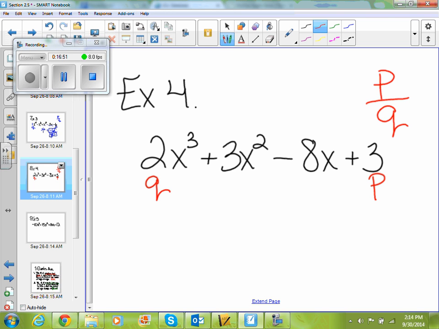So I know that if I put this as a ratio, I end up with 3 over 2. The next thing I want to look at is my factors of 3 and 2. So my factors of 3 are 3 and 1, and my factors of 2 are 2 and 1. And they can be positive or negative on all of them.